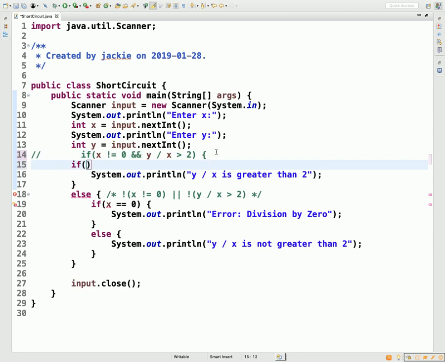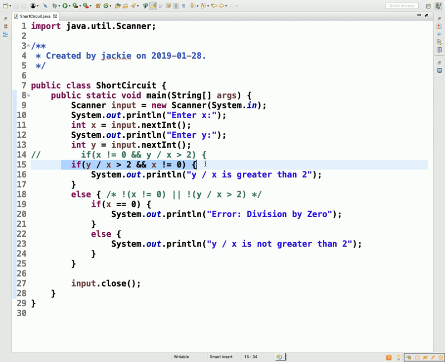I would say if y divided by x larger than 2 and x not equal to 0. That's all I did. So now I want you to compare very quickly. In line number 14, I simply say P and Q, right? In line number 15, I actually swap the order, so it's Q and P. We would think they should be equivalent, right?